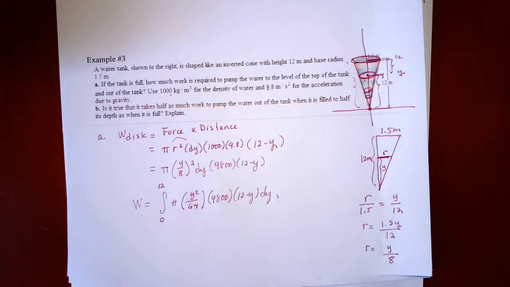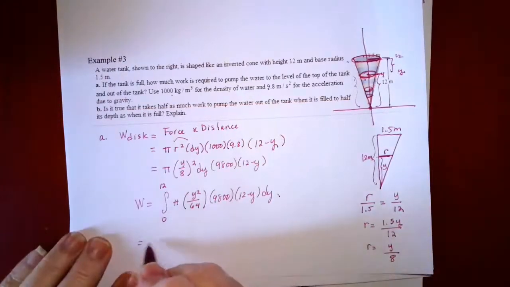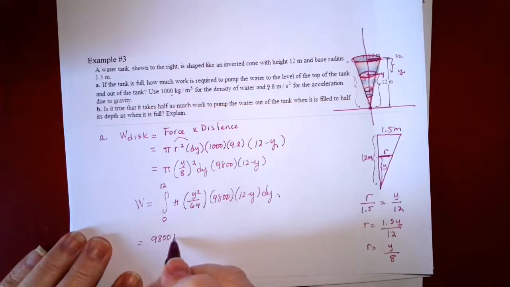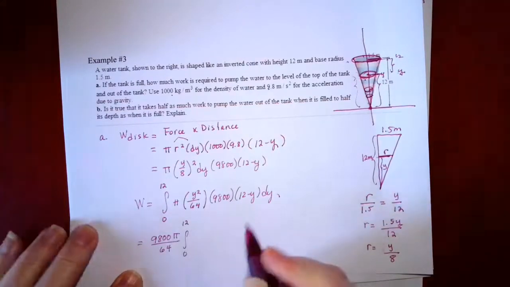Now remember, to integrate that one, I would factor out the constants and then just multiply out and integrate term by term. Is everybody okay with that part of the process? I just bring out the 9800 pi over 64 times the integral from 0 to 12.